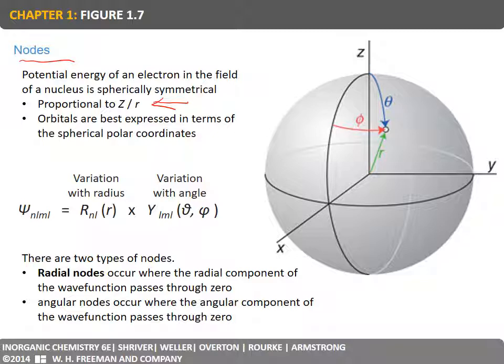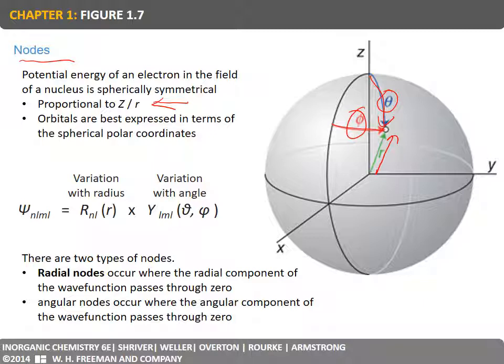In this context, the orbitals are best expressed in terms of spherical polar coordinates, in which r here is the radius, and theta and phi are the azimuth. Just standard spherical coordinates.